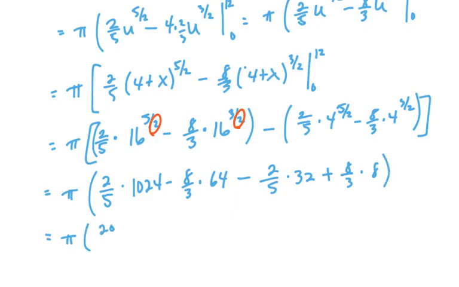So we have 2048 over 5 minus 512 over 3 minus 64 over 5 plus 64 over 3.